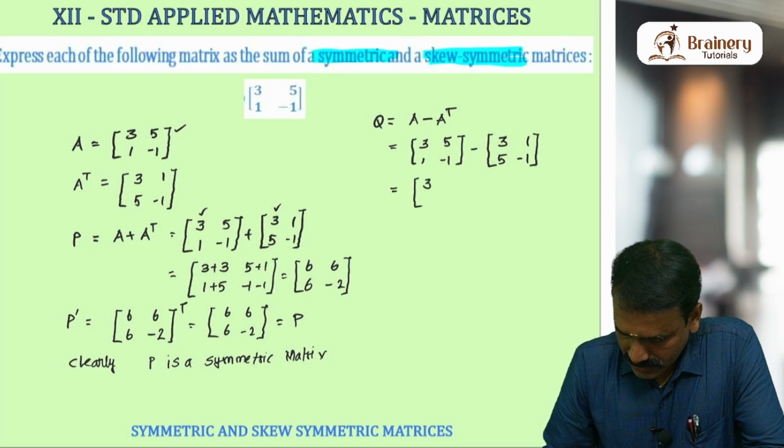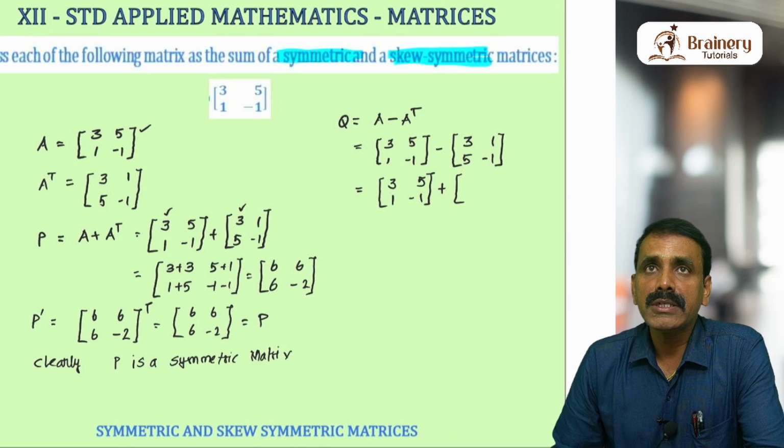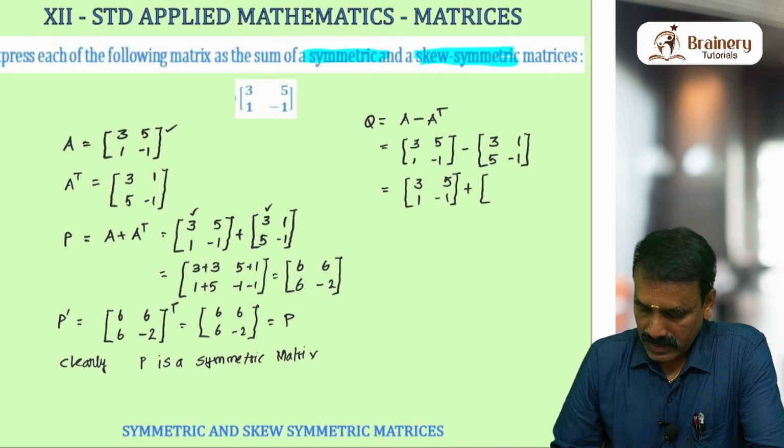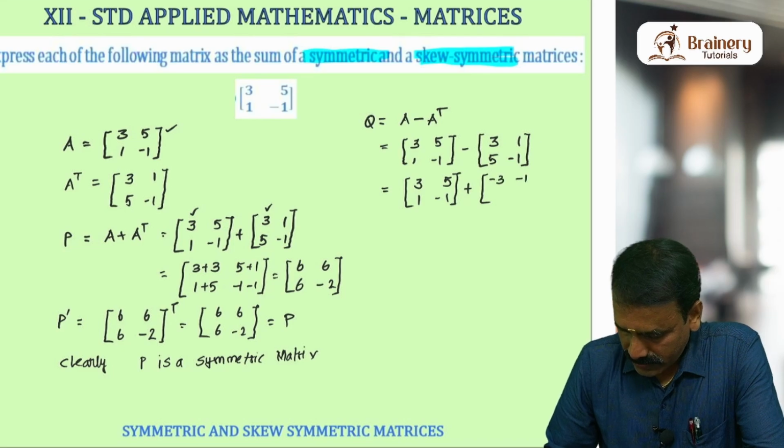This is [3, 5; 1, -1] plus, I multiply that minus symbol inside. I am changing this one to a negative matrix. So [-3, -1; -5, 1].